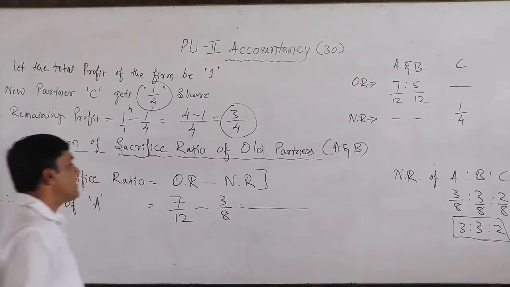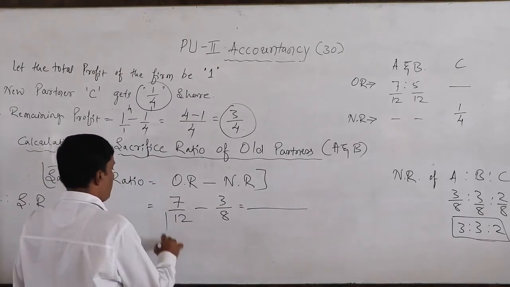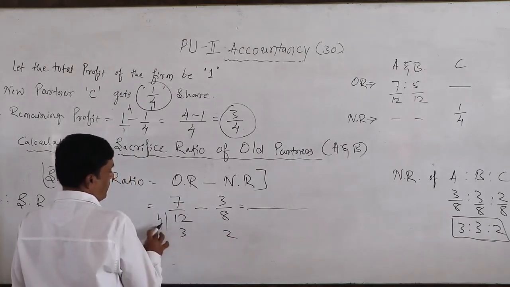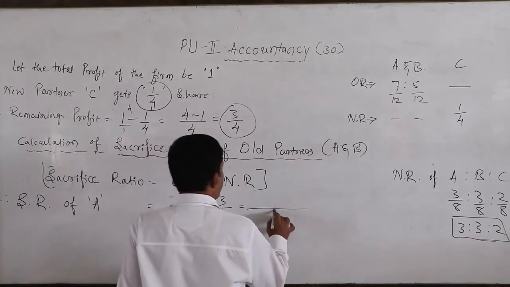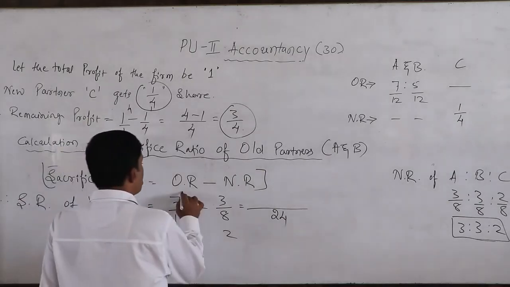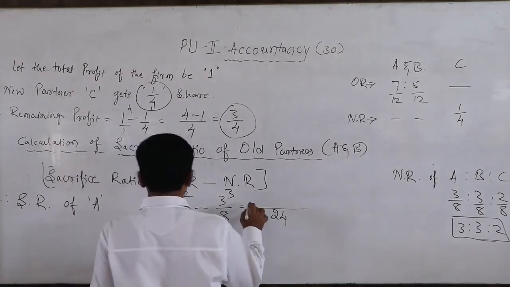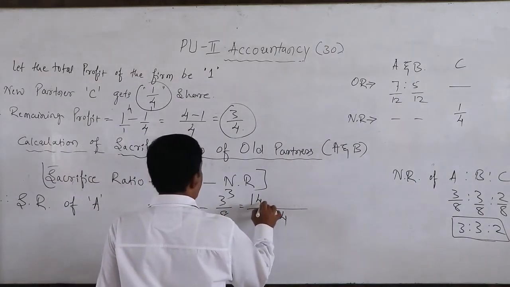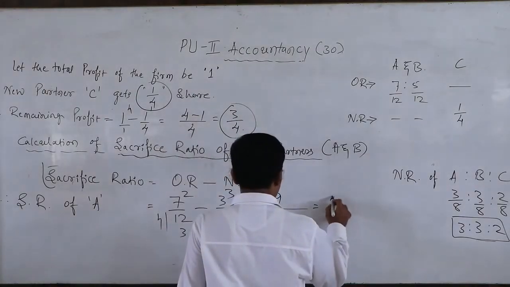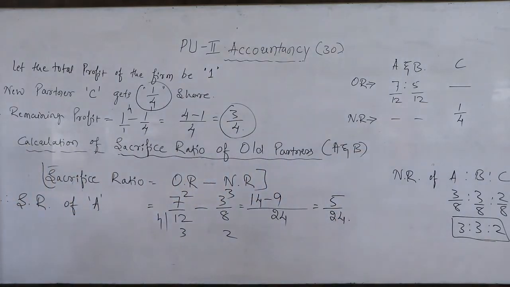We need to ascertain the LCM of 12 and 8. 4 3s are 12, 12 2s are 24. The LCM will be 24. 12 2s are 24, 8 3s are 24. 7 2s are 14 minus 3 3s are 9. The resultant figure 5 by 24 is the sacrifice ratio of A.